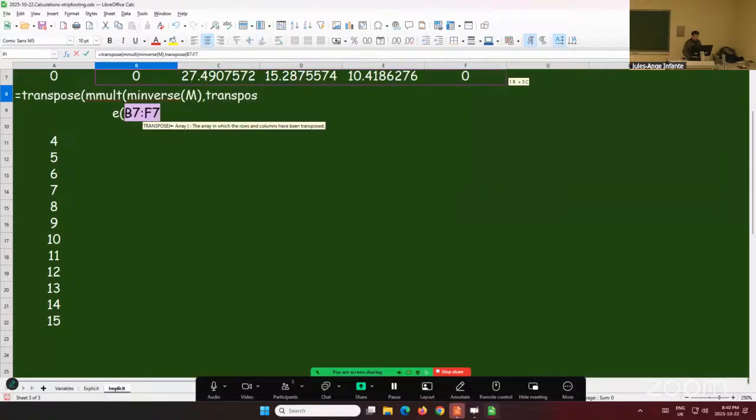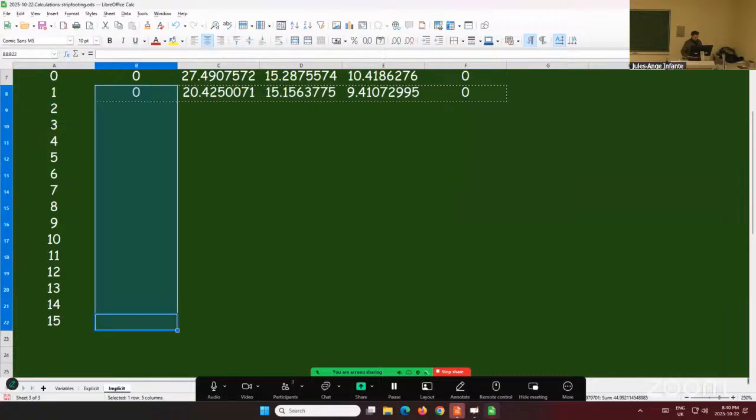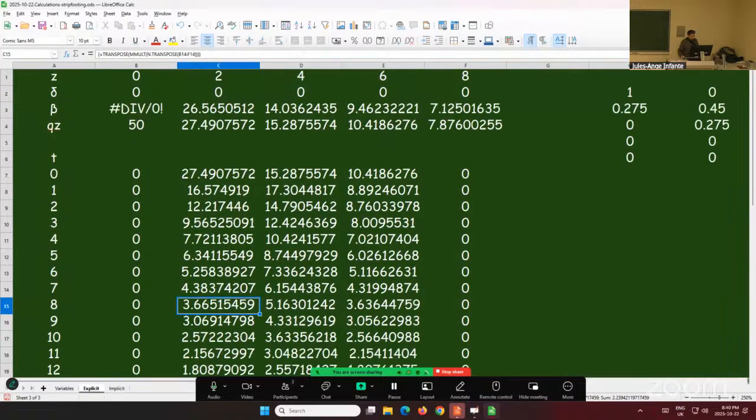That is 0.23, 1.5. So there's a substantial difference there from the predictions. So everything is based off of your M matrix, whether your M matrix is implicit or explicit.